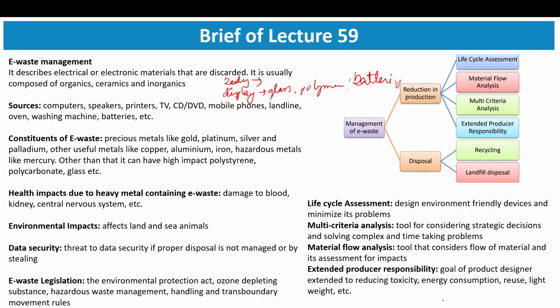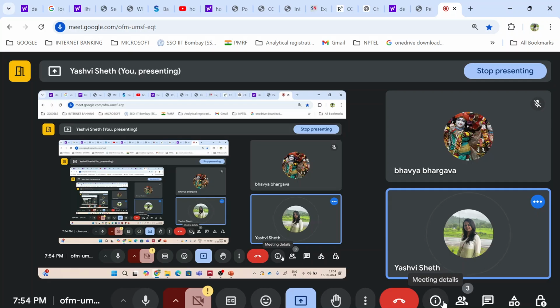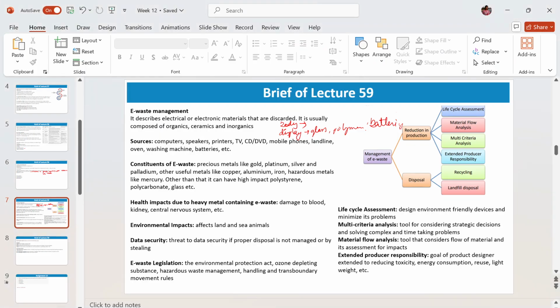The sources of electronic waste could be computer, speaker, printer, TV, CD, DVD, mobile phones, landline, oven, washing machine, battery, etc. It can be composed of various materials.